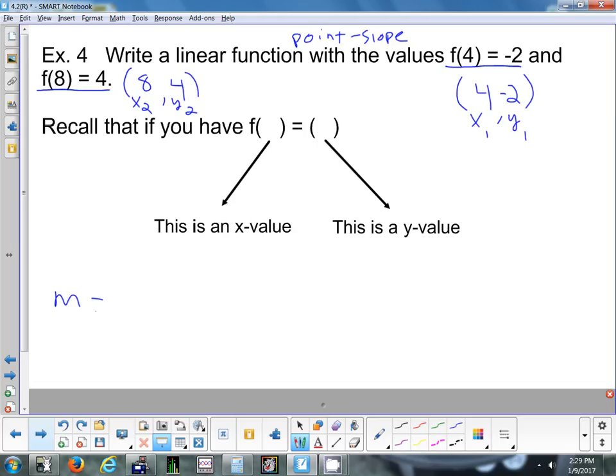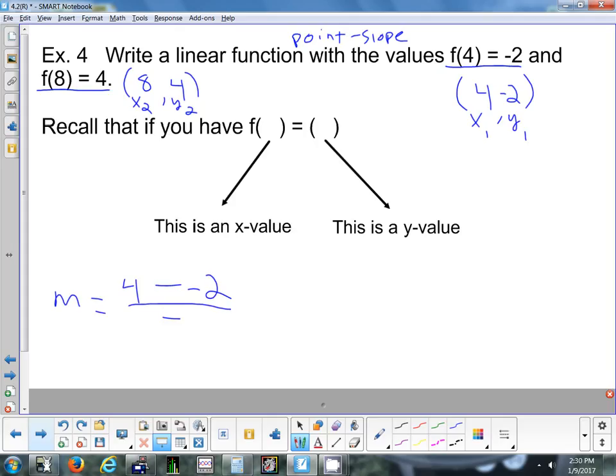Okay, so my slope. What goes on top? What minus what? Y, what value? y2. Take away y1. Okay.